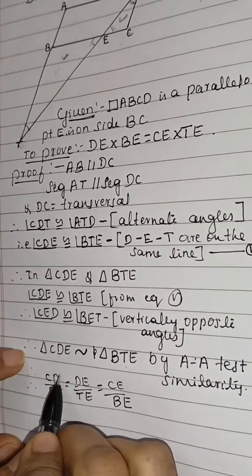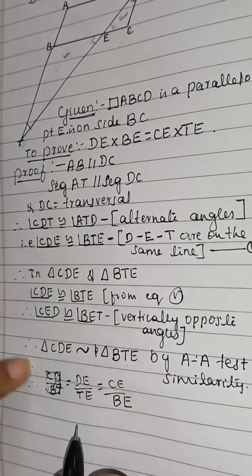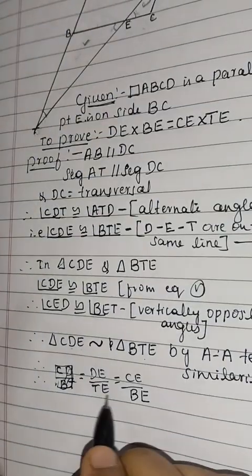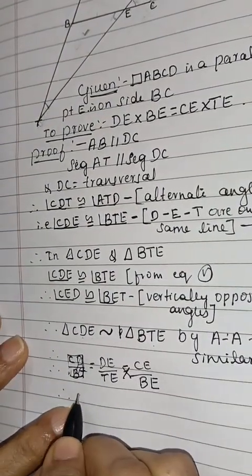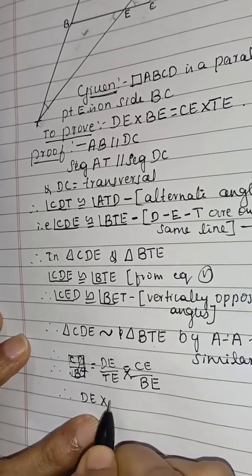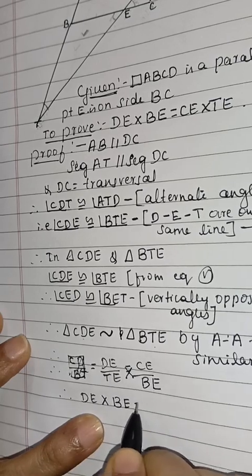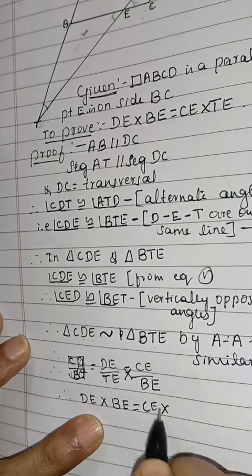So this is not necessary now. So now we have to prove. Here it is cross multiplication. Therefore DE multiplied by BE equal to CE multiplied by TE.